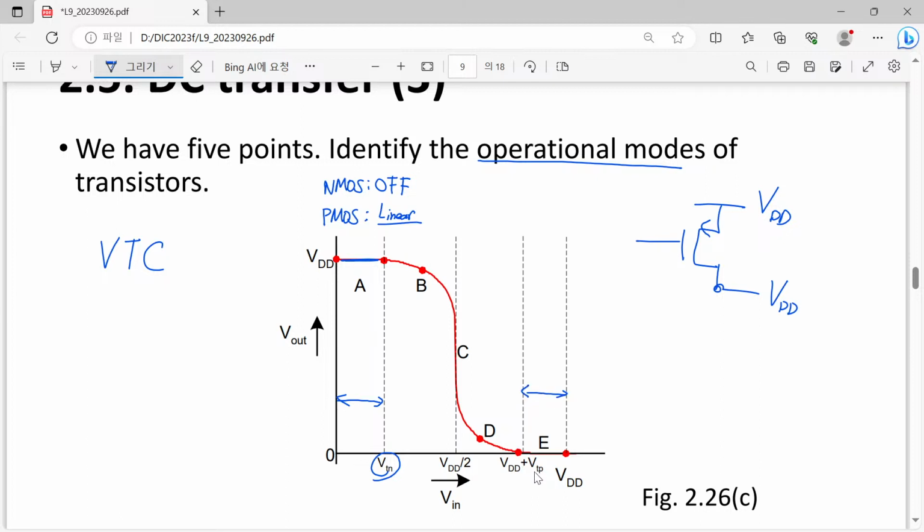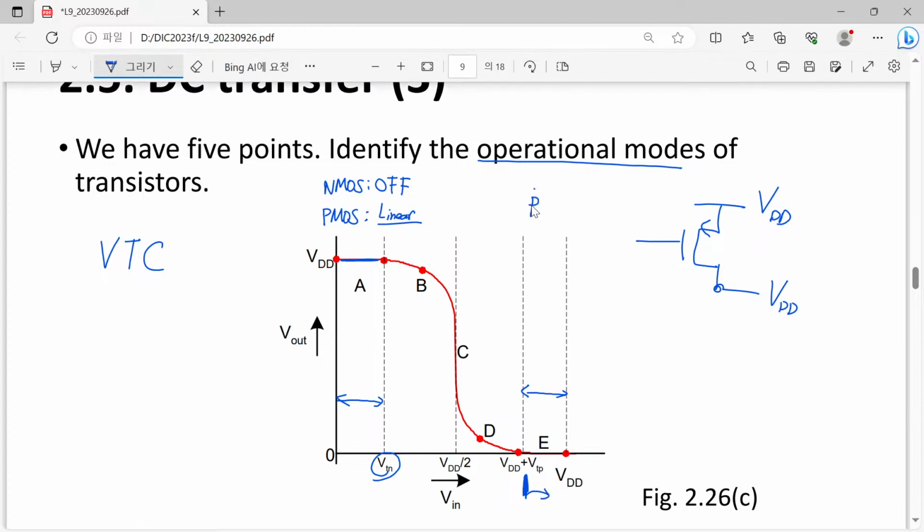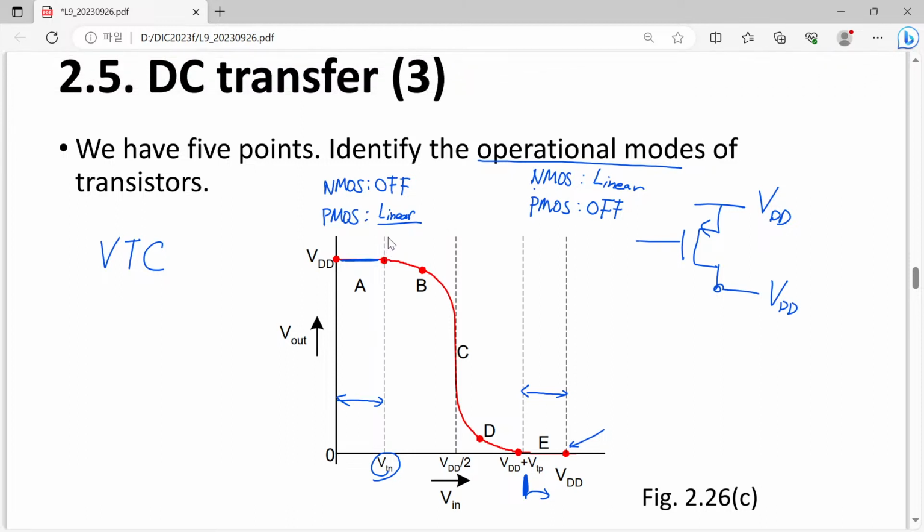Okay, then now let's go to this part. In this part, we have a gate voltage even beyond this area. I mean that now our PMOSFET is turned off. Then how about the NMOSFET? In the case of the NMOSFET, we have a high gate bias and quite low drain voltage. What is it? That is just in its linear mode. Then if we go beyond this point, see what happens.